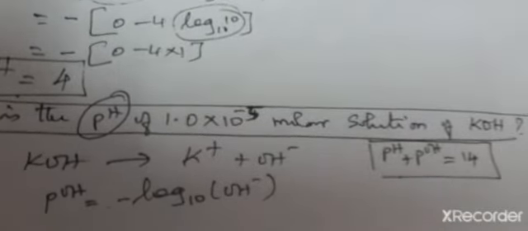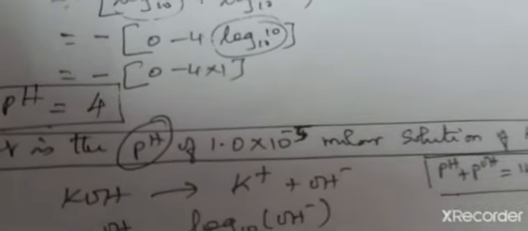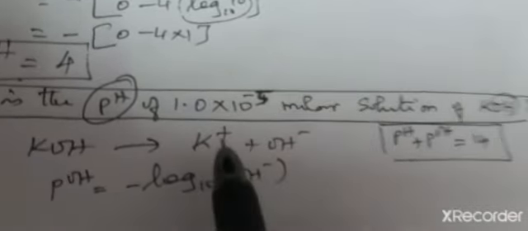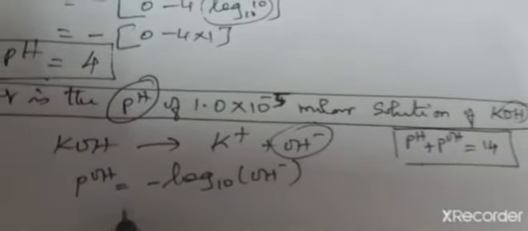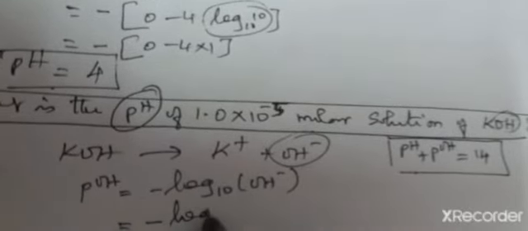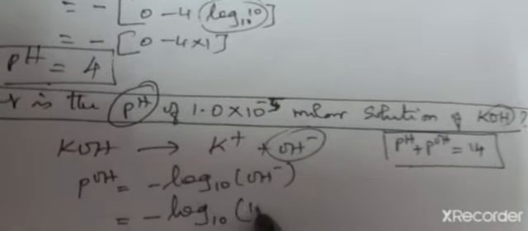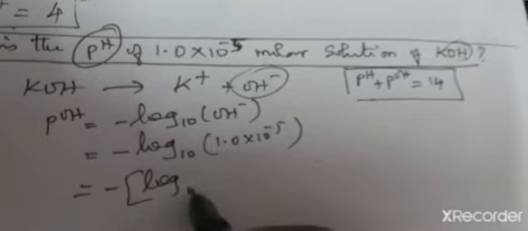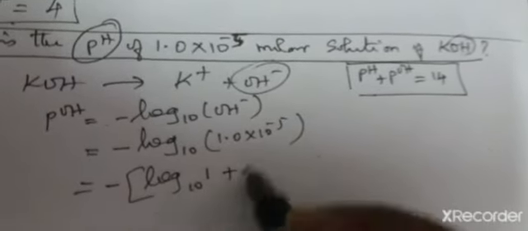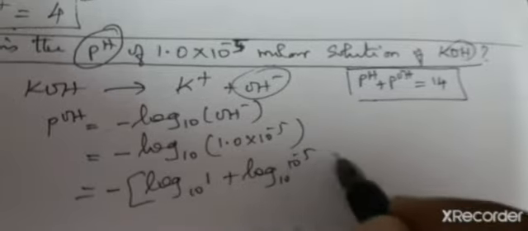Then the next one: what is the pH of 1.0 into 10 power minus 5 molar solution of potassium hydroxide? Here the given solution is basic in nature. KOH in aqueous solution is going to displace K plus and OH minus. So we are going to take the negative logarithm of hydroxide ion concentration, that is minus log 10 of 1.0 into 10 power minus 5. You can write log 10 1 plus log 10 power minus 5.